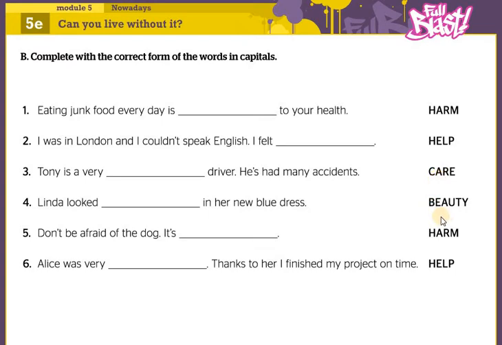Care, beauty, harm, help, right? So what you are going to do is to try to read the sentences and form a new word that you think can suit the place, by adding a kind of affixation, or a kind of affixes.